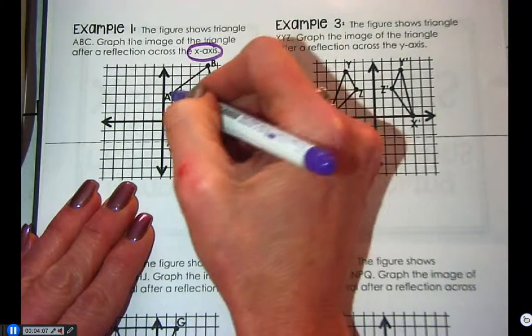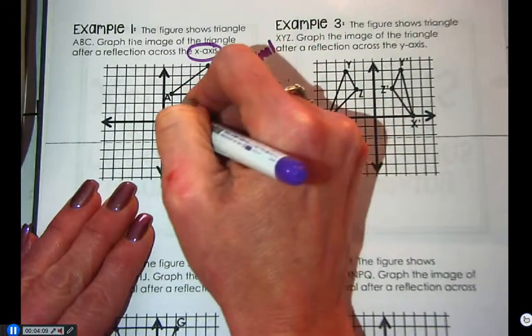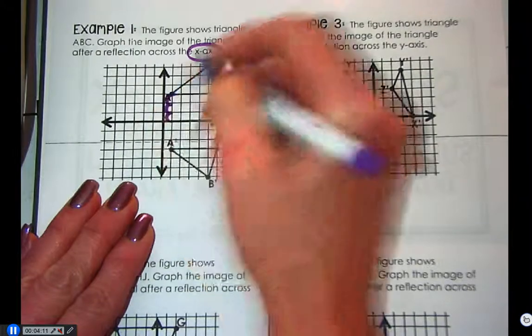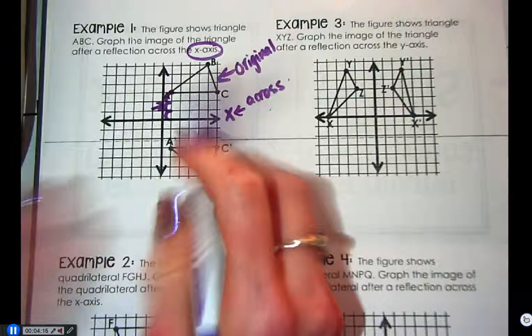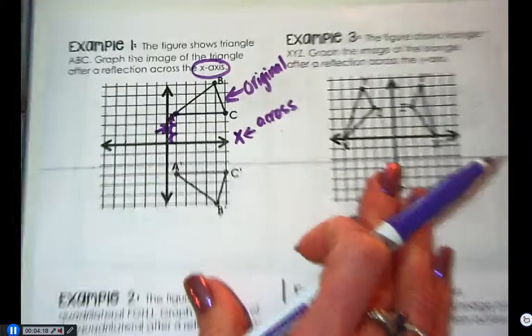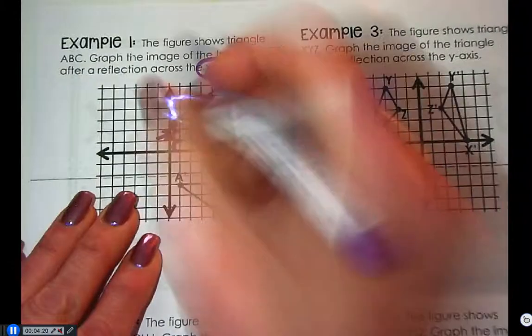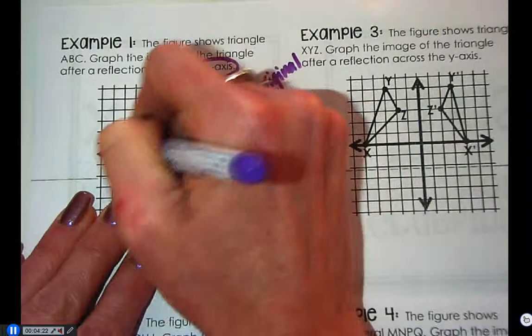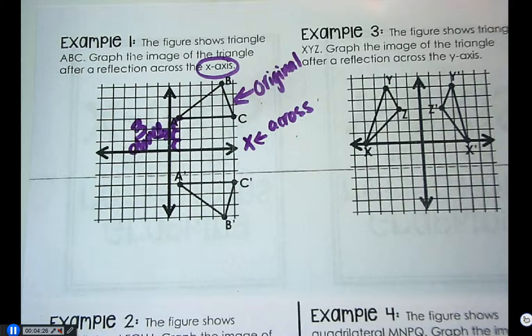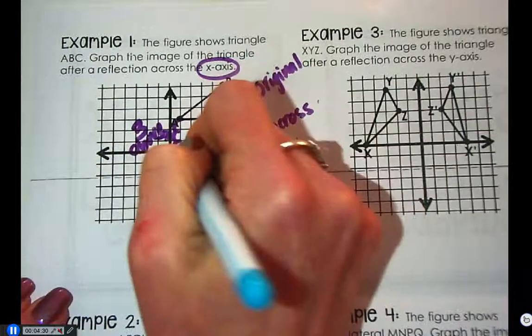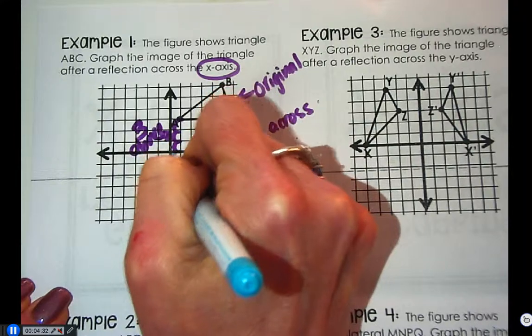So we're going to look at the original A, and I see that original A is how many spaces above the x-axis? How many spaces is that? 3. So if original A is 3 above, what do you think the image of A will be? 3 below.